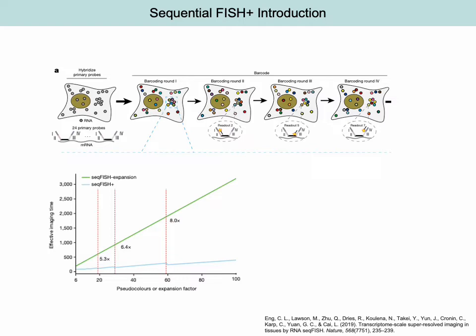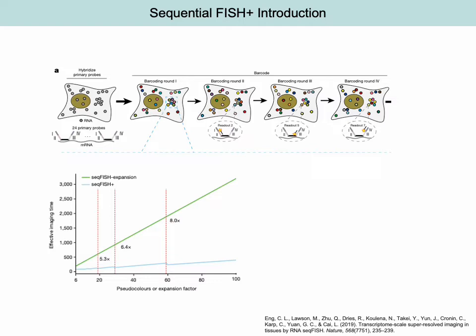So Dr. Cai's group upgraded this method to a method called SeqFISH Plus. In this method, you can achieve super resolution imaging and multiplexing of 10,000 genes in a single cell using sequential hybridization and with a standard confocal microscope.